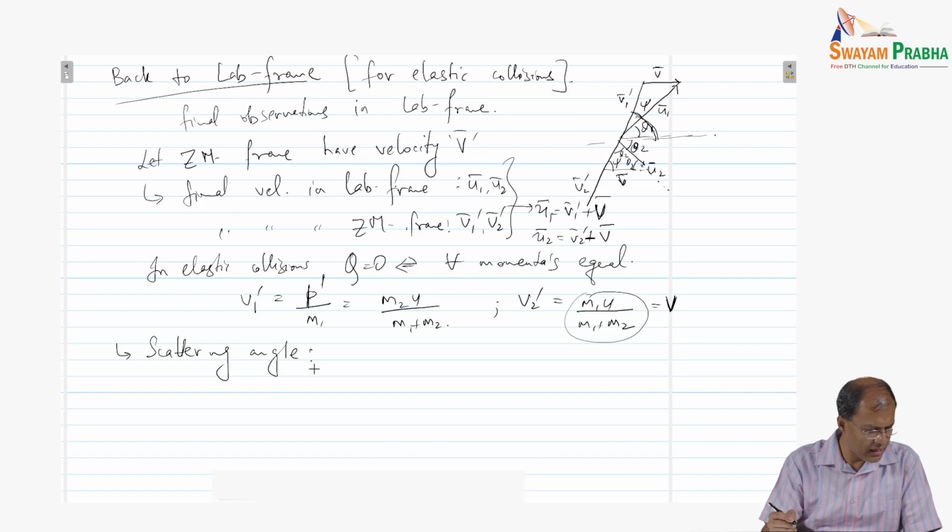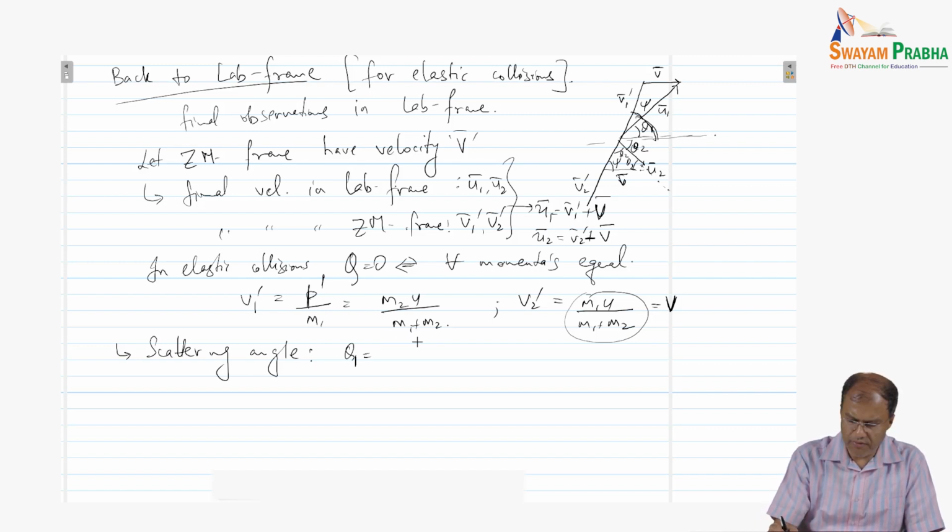So the scattering angle theta 1 here is given by tan theta 1. Tan theta 1 is v1 prime sine psi divided by v1 prime cos psi plus v, and this is going to be sine psi by cos psi plus v by v1 prime, right?